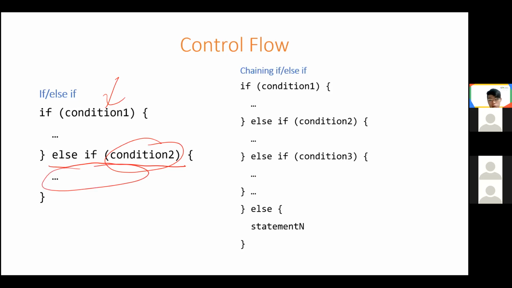If not, I will not do anything. Then you can see where the chaining comes in. I can chain multiple conditions here: condition 2, condition 3, many more conditions, until an else block. This statement end or body will only be executed if all your conditions in this if else block evaluate to false.